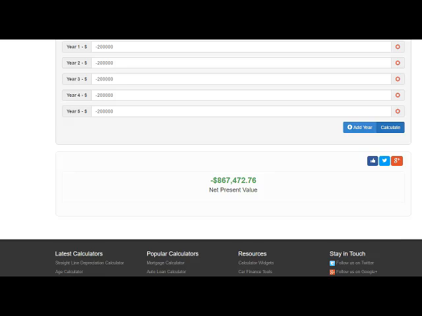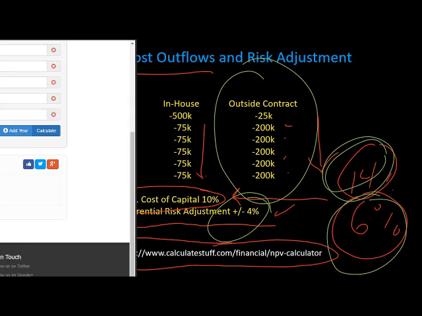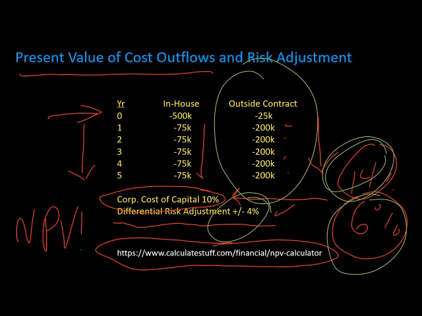So here is the situation, the summary of this point. When we use the 14%, we got a negative 711K, or $711,000.